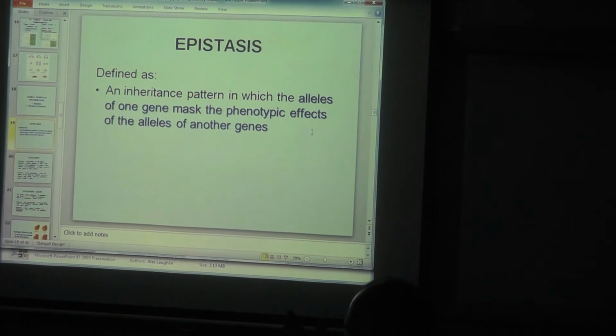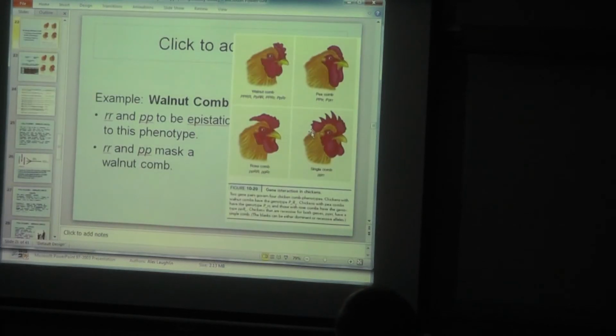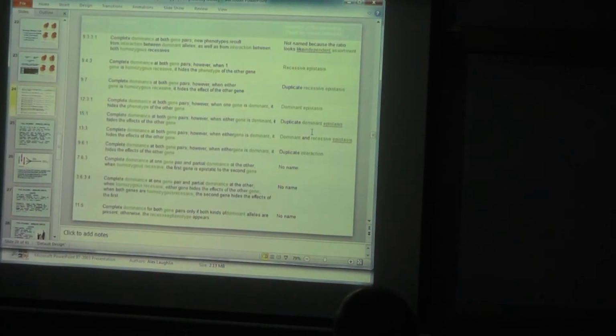This is again against Mendel's laws because it's not independent, right? What Mendel said was every trait or characteristic was independent of each other. Here one is affecting the other, so that is called epistasis. I'll go over this; there are a lot of nice pictures.